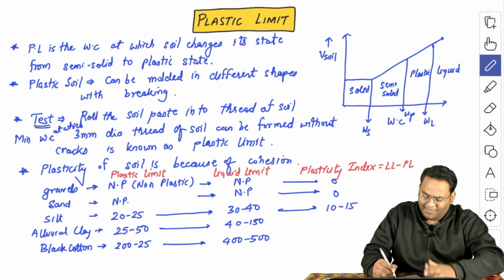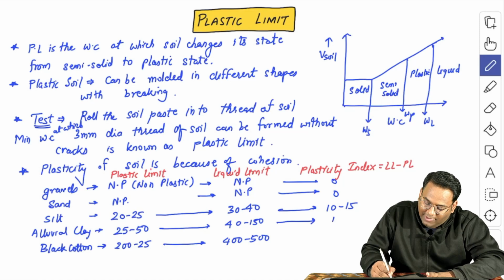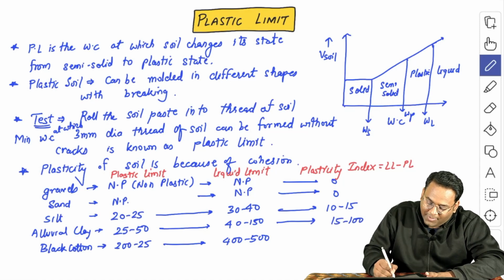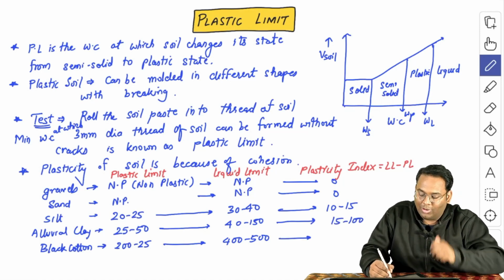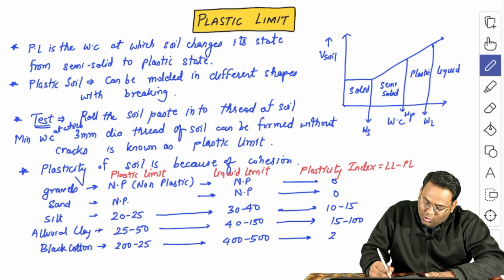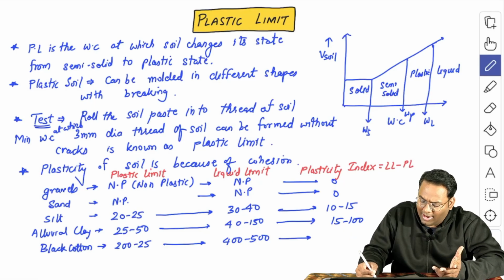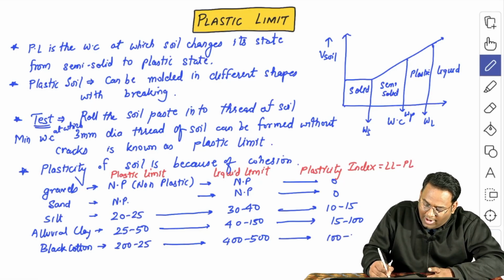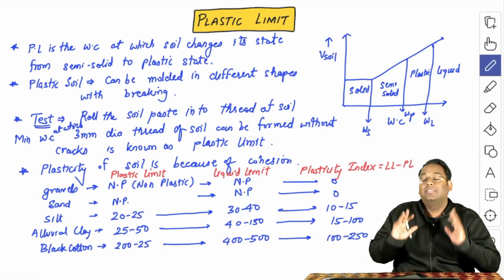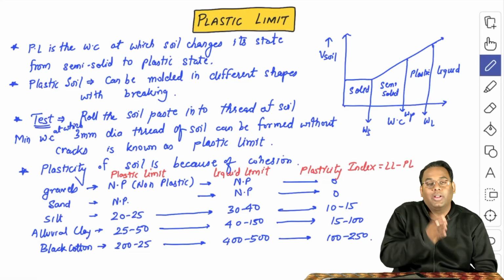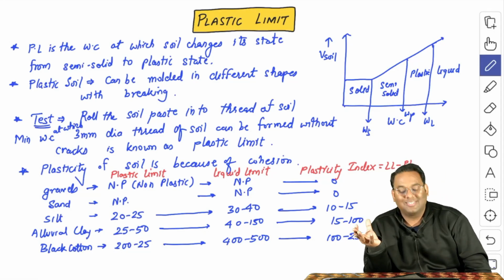Just take the difference, and for alluvial clay it will be 15 to 100, and for the black cotton soil it will be between 100 to 250. So these are the general values of the liquid limit, plastic limit, and the plasticity index.